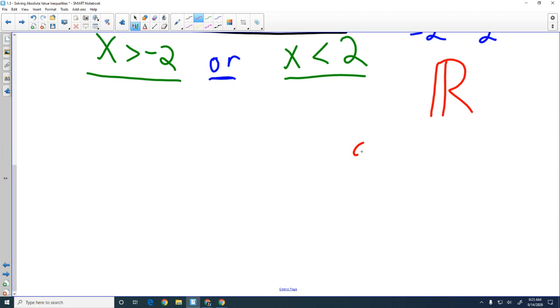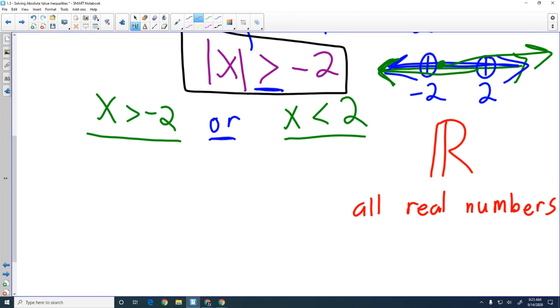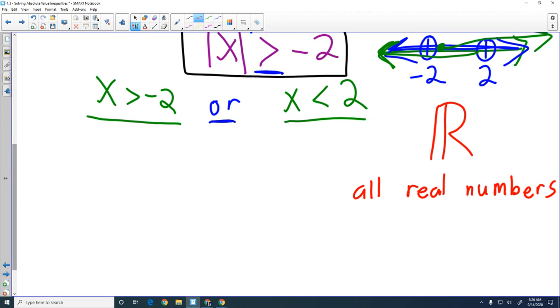So this means all real numbers. Again, that's not going to happen that often. This is just a special case. So we can just use that fancy R. Just like before with no solution, you had that circle with the slash through it.